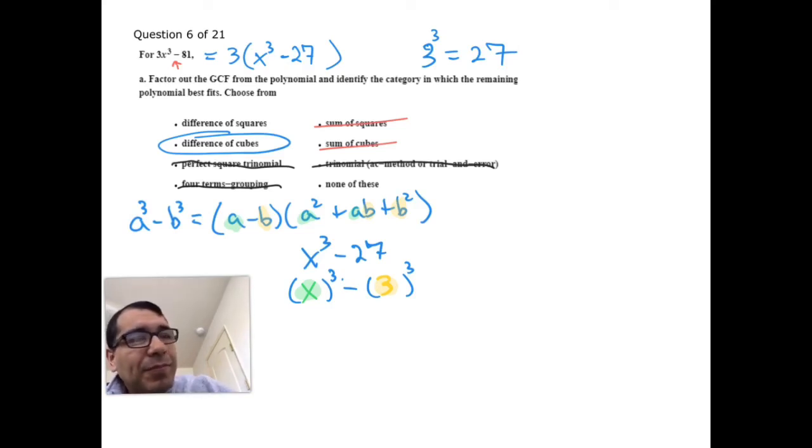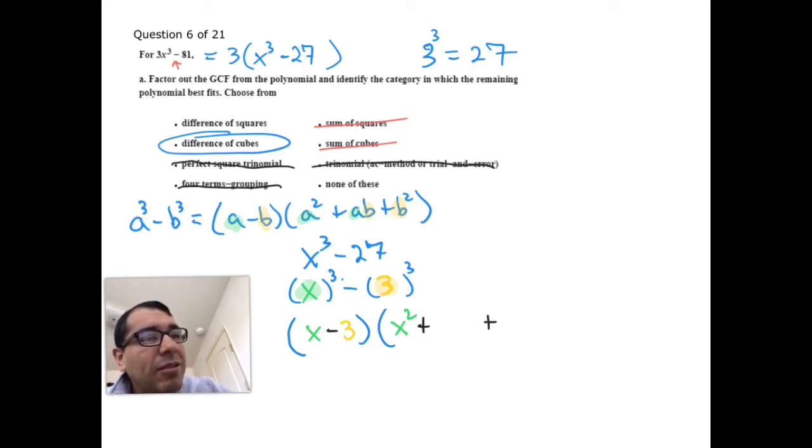All right. So we have x. We said minus b, and our b is 3. And then we have a squared, so we're left with a, and we square it, plus, let me go ahead and throw in these signs right away, and we're left with a times b. So our b is 3, and our a is x. And then plus b squared.